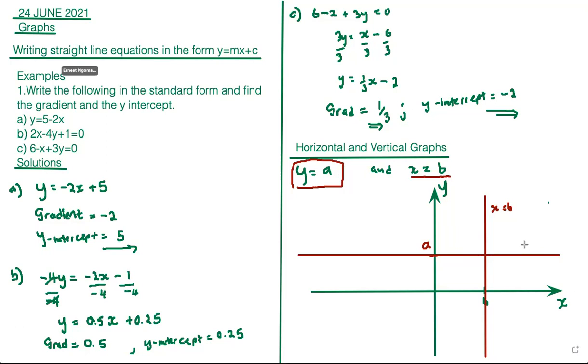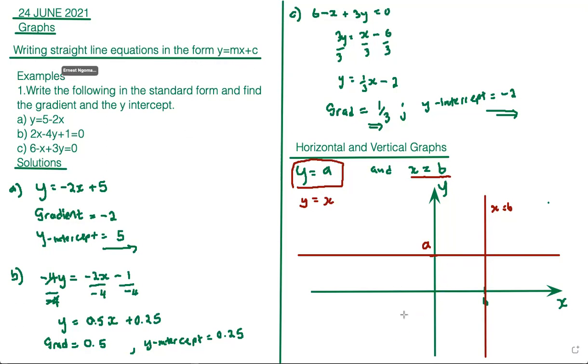The other graphs that you may be given, I don't know if you have to know them ahead now, but a graph like this, the graph of y is equal to x. That graph says that the value of y and x are always the same. So that graph just goes like that in the middle.